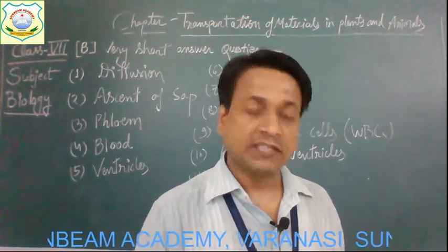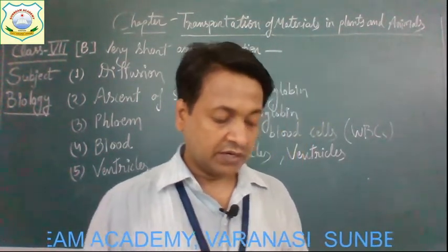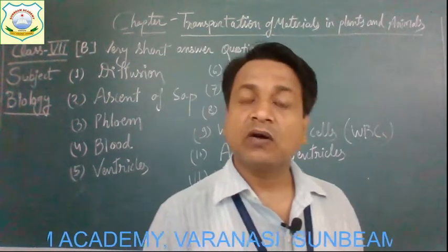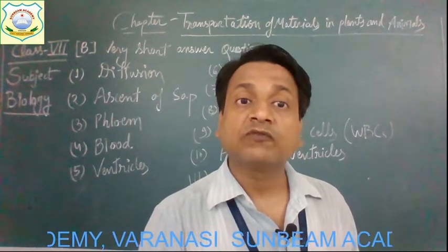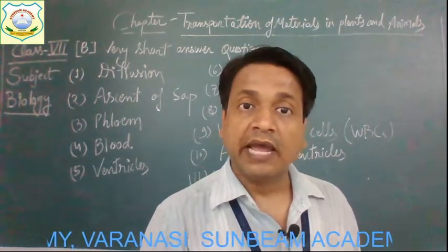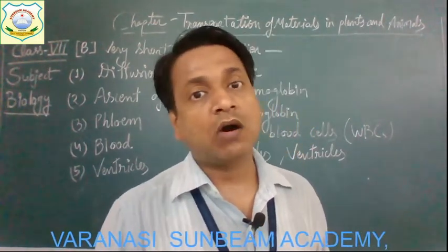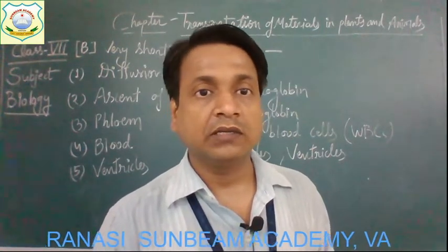On the left side of the heart the oxygenated blood is found, because on the left side the oxygenated blood comes from the lungs and gets pumped to all parts of the body.